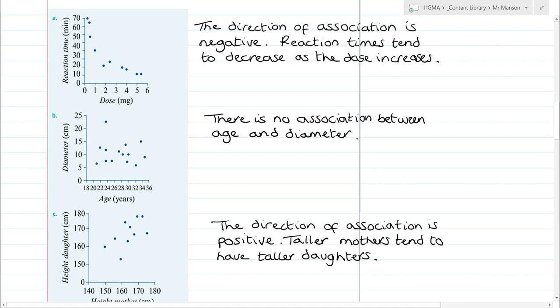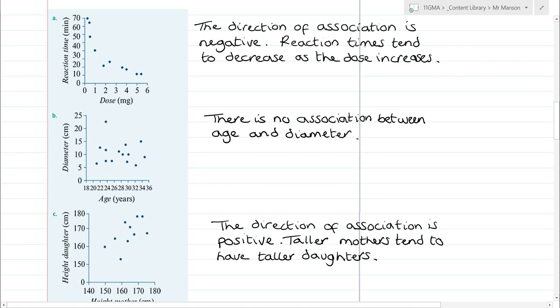So in example A, I would hazard to say that this has a negative correlation, but it also looks like it's kind of dropping off at the end. So there's a bit of a non-linear shape to it, but there's not enough data that we can definitely say it's not just linear. So you can call it linear with a negative correlation or maybe non-linear.